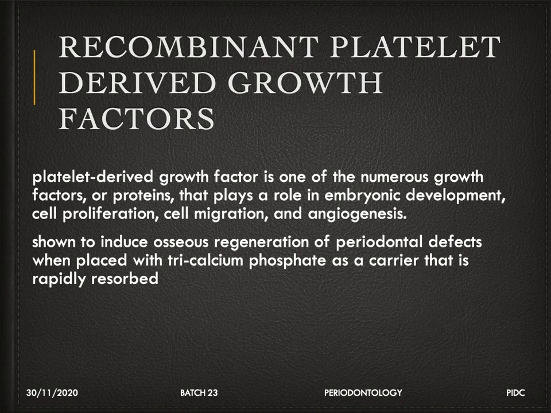We can give all the growth factors at the same time, but they will not stay at the place for a longer duration. So we require only a specific growth factor at a specific time to induce regeneration. A bone morphogenic protein present in the first week will not induce bone formation, or a platelet derived growth factor present in the second week will not induce bone formation. That is the problem with periodontal regeneration.